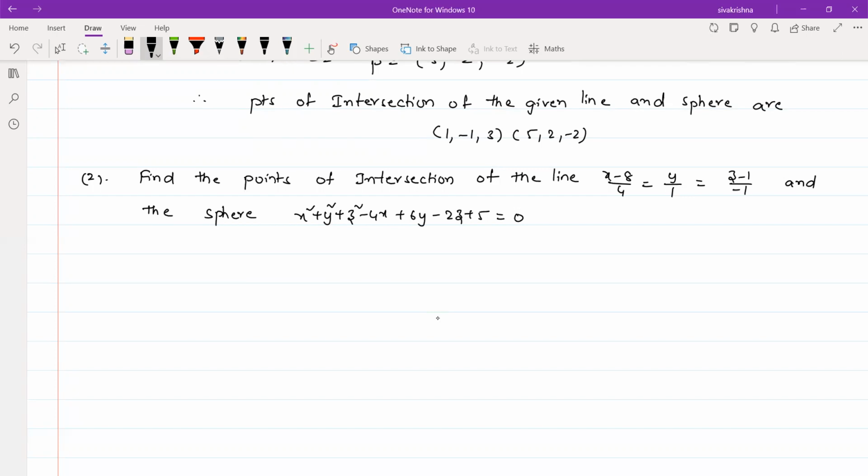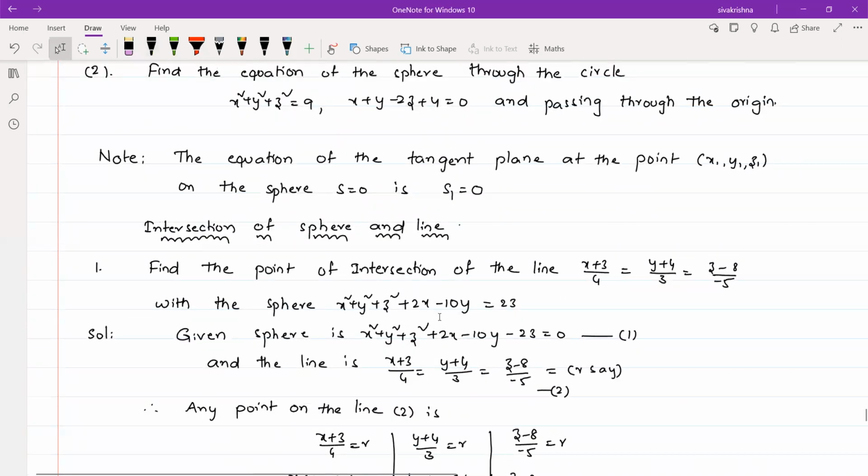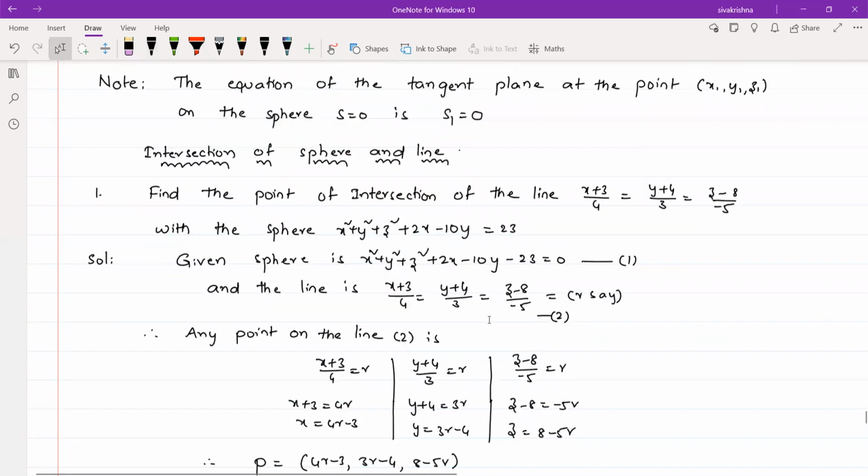After that, just now we discussed the tangent plane, how to find the tangent plane for the sphere equation passing through a point. Here I have already written a note point, that the equation of the tangent plane at the point on the sphere is S1 = 0.